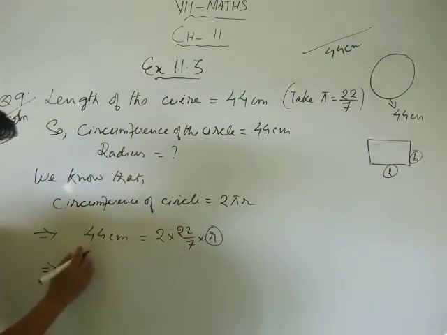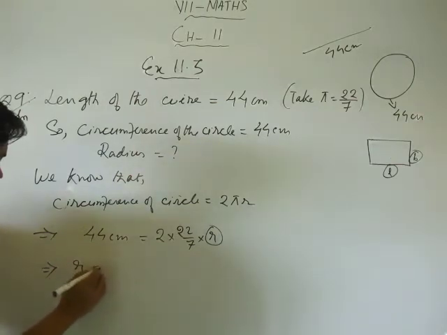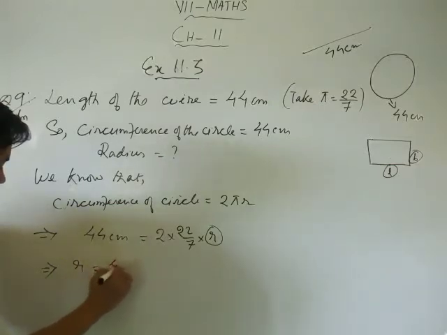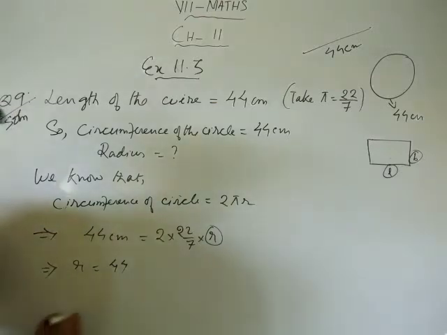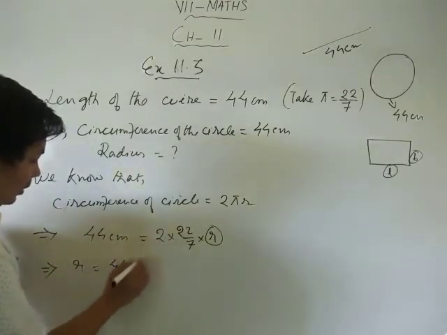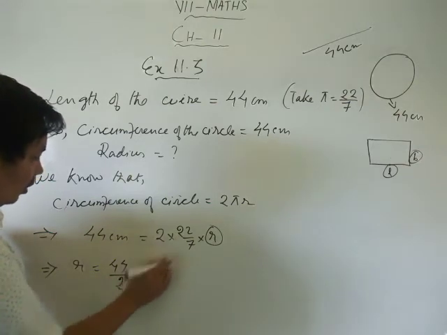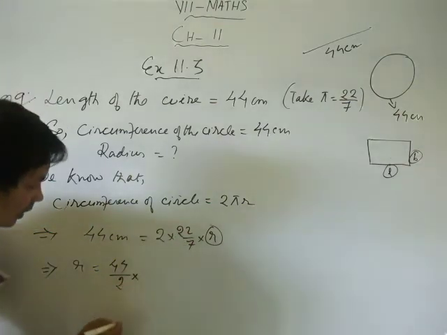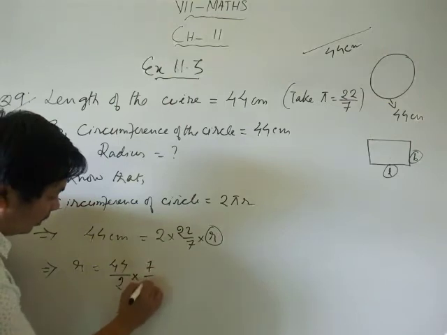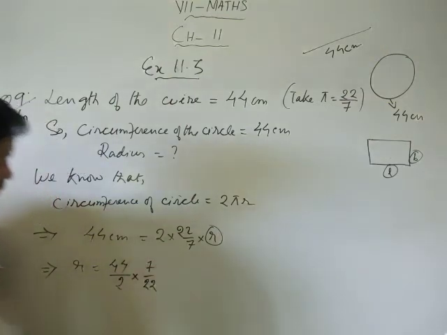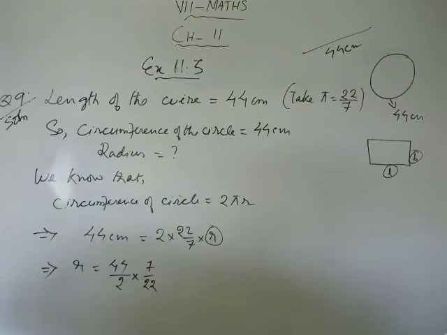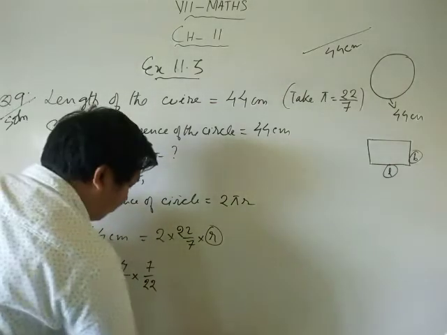This 2 will come here first. I'll just write this on this side. 44 will be here. Then this 2 will divide here, and 22 by 7 will become 7 by 22. Once again, I'll show you.